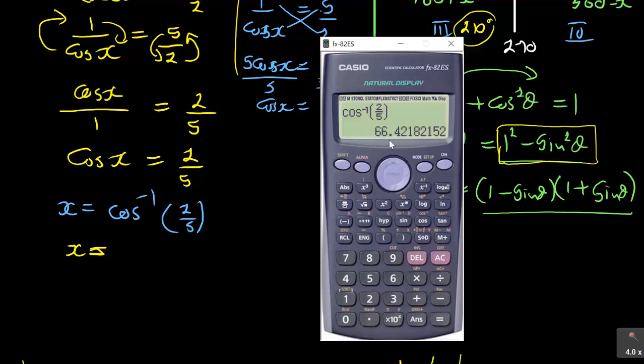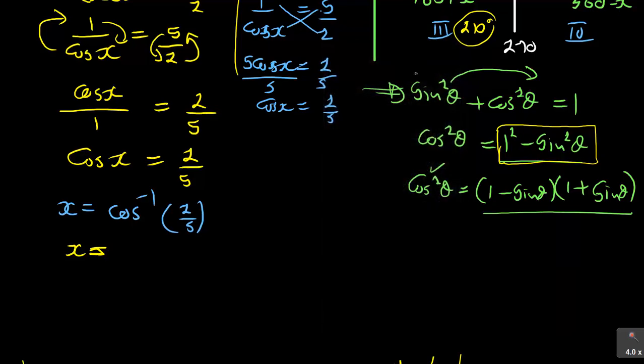Then it gives you 66,422 degrees to 3 decimal places. We call this your ref angle.